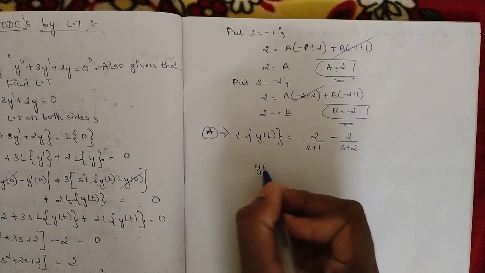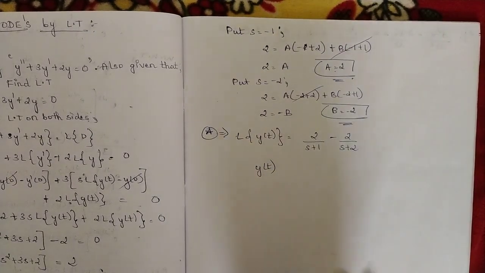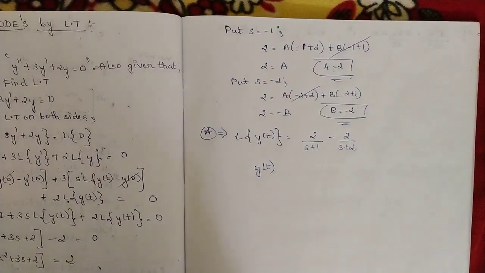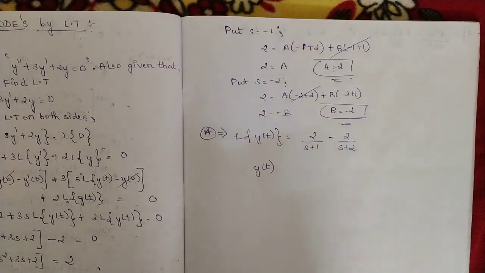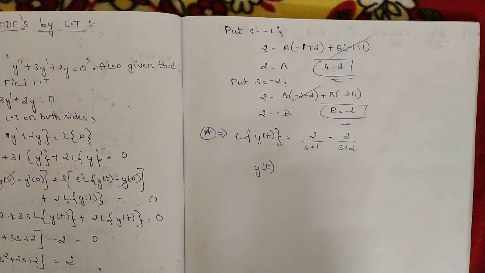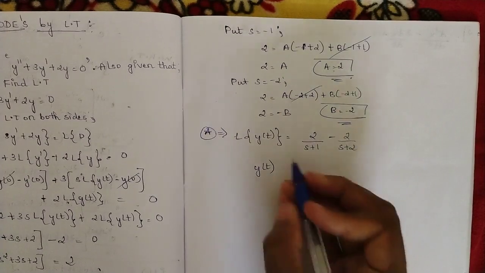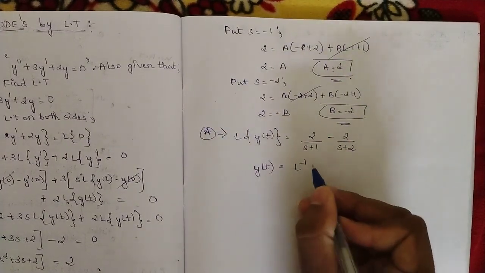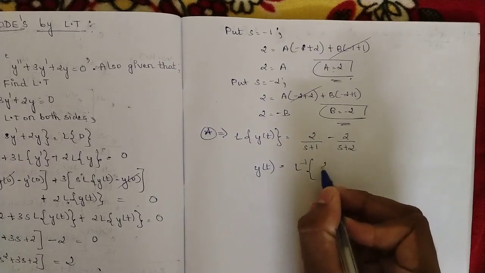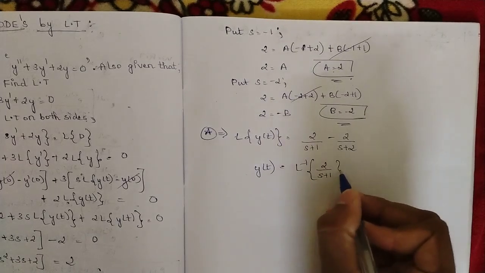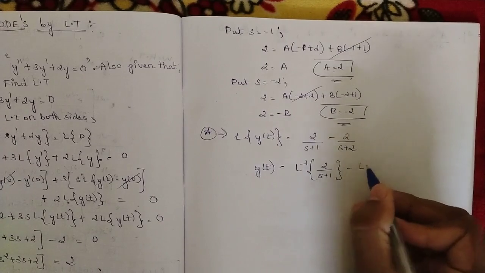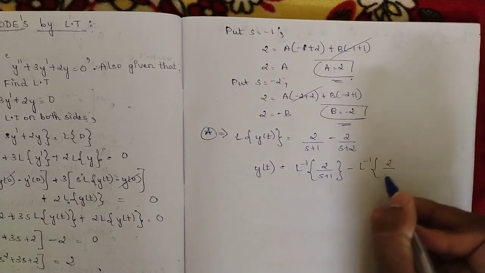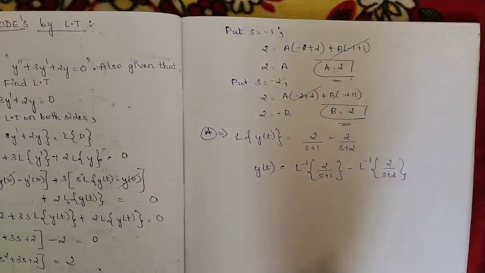We need y of t. Our goal here in the application to solve the ODE is to find y of t. Whatever we do, at the end you should be finding y of t. So y of t would be equal to L inverse of 2 by s plus 1 minus L inverse of 2 by s plus 2.